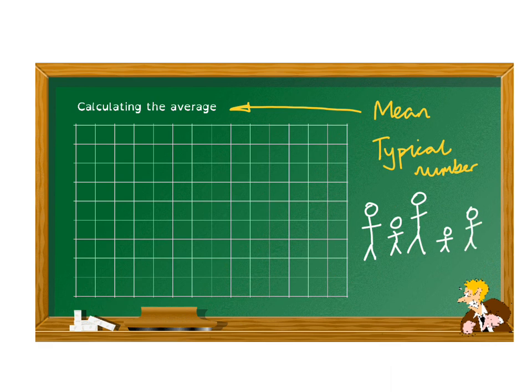What we mean by a typical number is it's a number that summarizes the height of these 5 individuals without us knowing any of their actual heights. Okay, so you might think of it as something that kind of represents all of them, even though it's not actually the height of any of them. Okay, so we're going to have 5 numbers, and write them down, and then we'll do some calculations on them.